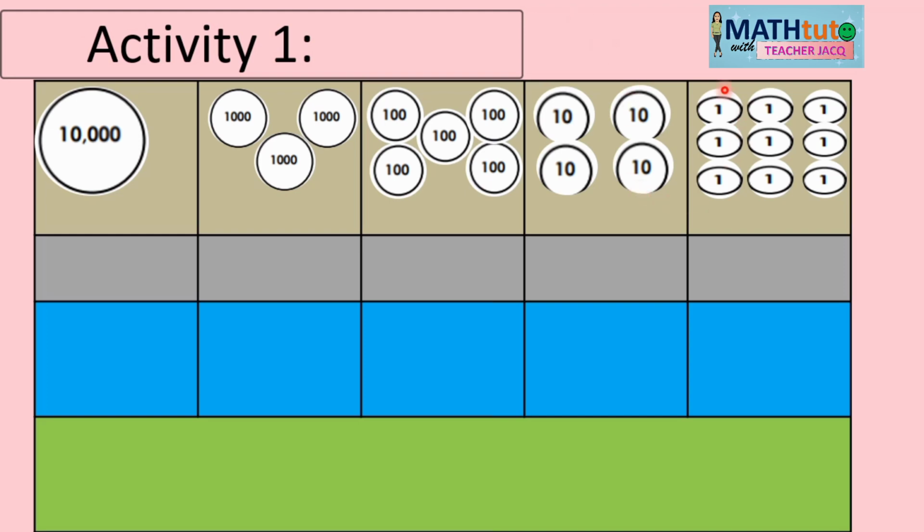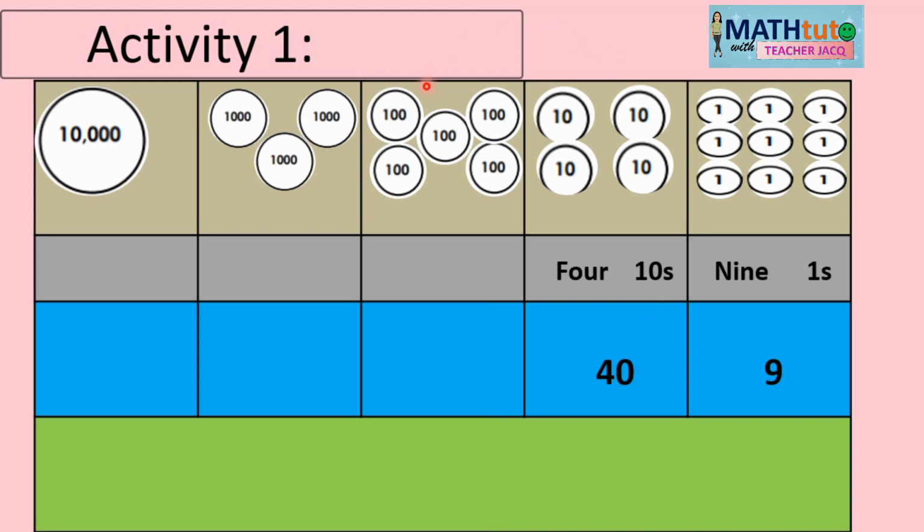So for first column, which is the ones, let us count the disk. 1, 2, 3, 4, 5, 6, 7, 8, 9. So therefore, we have 9 ones. 9 times 1 is equal to 9. Next, we have 4 tens. Let us count. 1, 2, 3, 4. 4 times 10 is equal to 40.